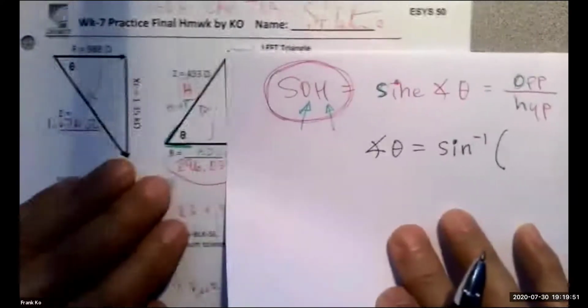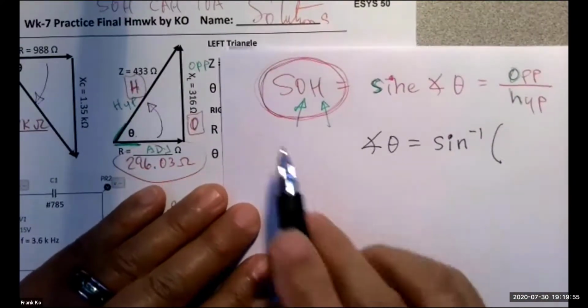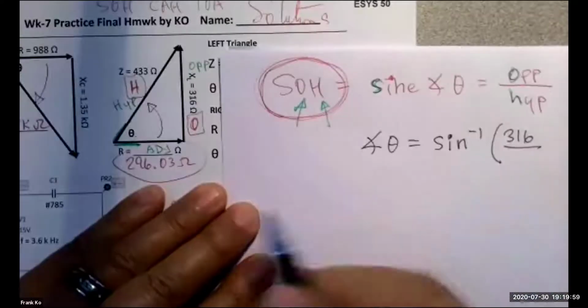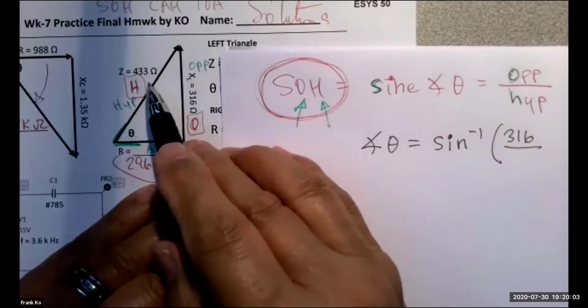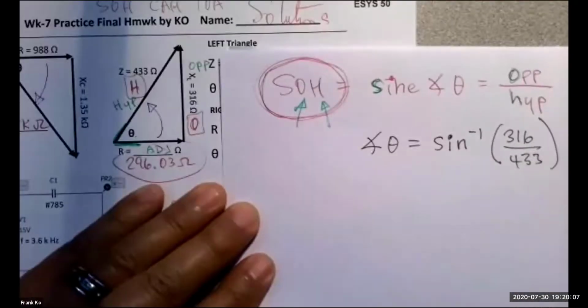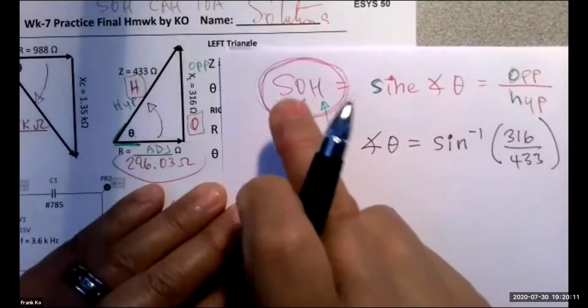Opposite for this second triangle is what value? 316. So 316 over, and then the H is what value? 433. Precisely, 433, close parentheses. So now you've decided you're going to use SOH.